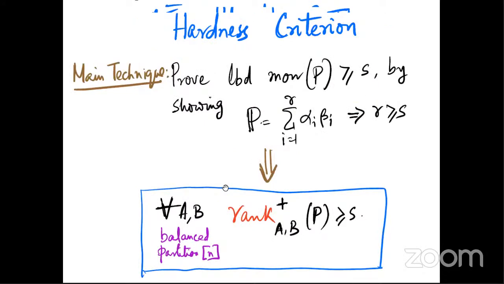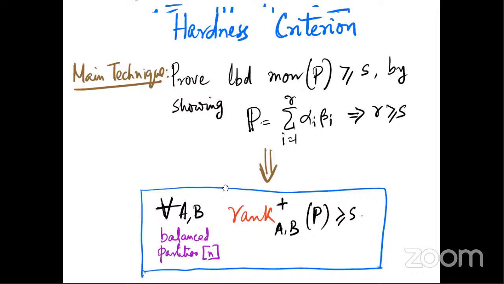All in all, this means the following: if I want to prove a lower bound by showing that this kind of efficient decomposition is not possible, this would imply that the non-negative rank of my matrix is large. You look at this polynomial P, you form a partition of its blocks.